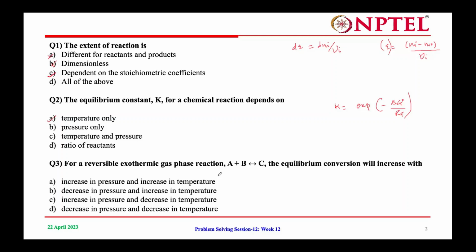So before going to the options, we say the product notation, Π from i equals 1 to n of the stoichiometric coefficient.